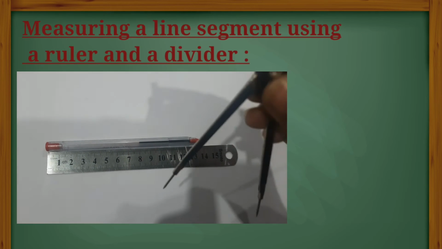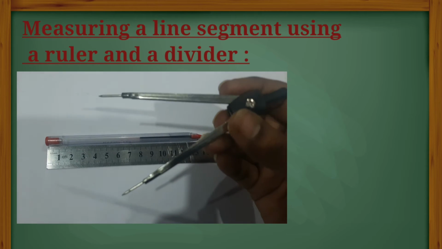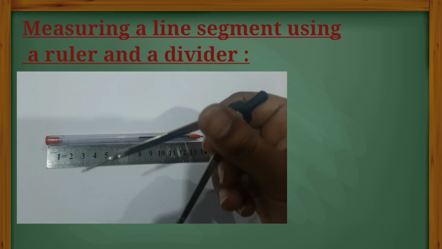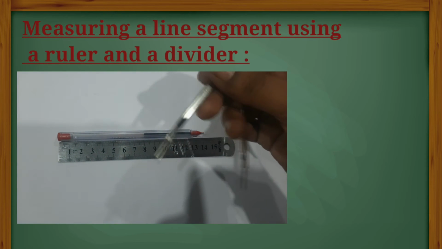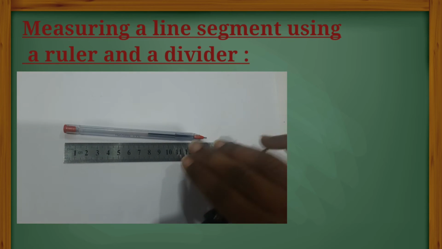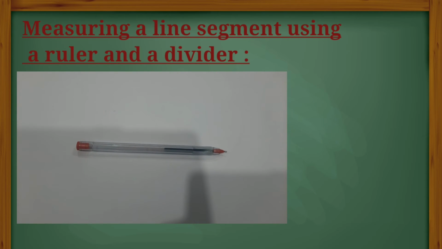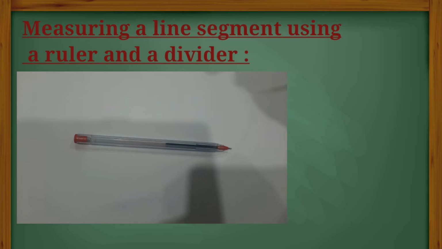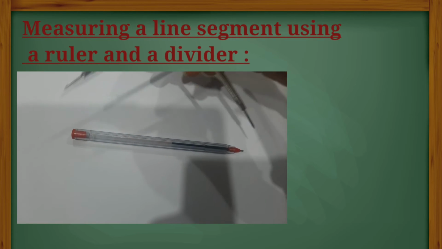Now, we take a divider and try to find out the length of that pen. Now, open the divider, place the end point of one of its arms at one end of the pen and the other arm of the divider at the other end of the pen. Adjust.